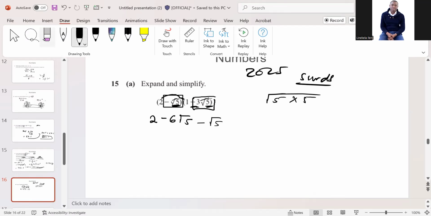So you don't necessarily have to say 5 times 5 is 25, then you put it in a root again. No, just know that the root will cancel because the number is the same. So a negative multiplied by a negative will give me a positive. So that will be positive 3 outside, but square root of 5 times square root of 5 will just be 5 alone. So that will be 3 times the 5, which will give me 15.